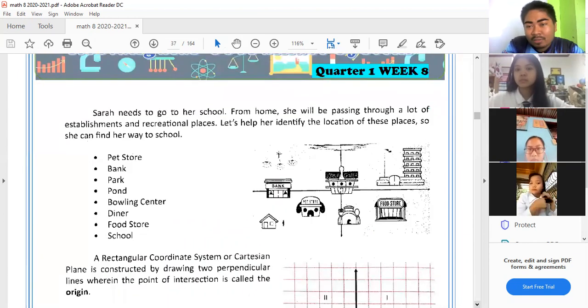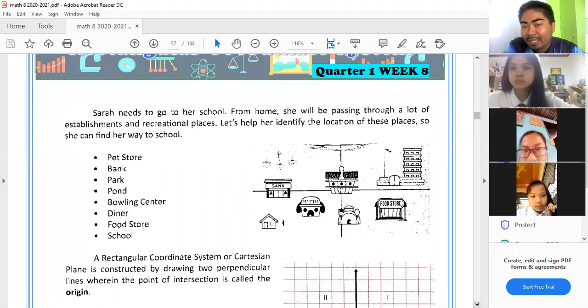So, let's start. Sarah needs to go to her school. From home, magpapasa siguro siya ng module niya. She will be passing through a lot of establishments and recreational places. So, let's help her identify the location of these places so she can find her way to school.